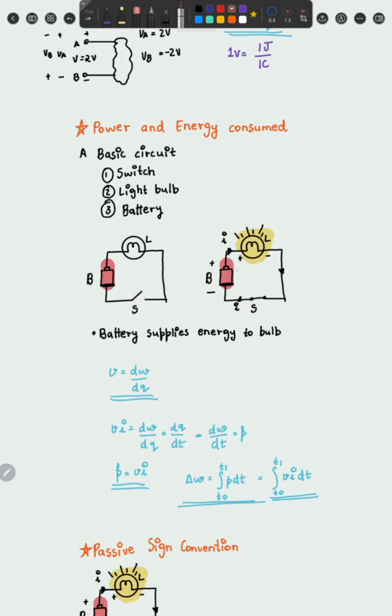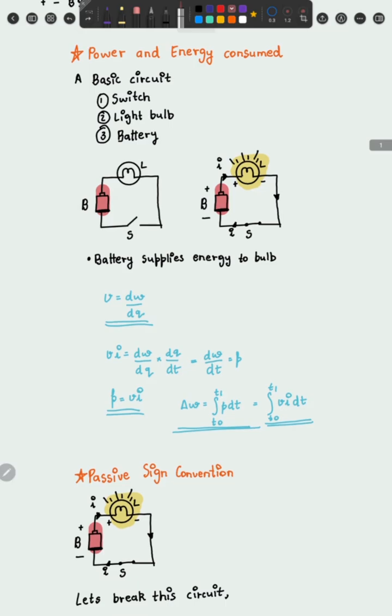The chemical energy in the battery is converted to light by the bulb. Now, if this is the positive terminal of the battery and this is the negative, the battery will push the charge from its positive to negative end because it's a positive charge. Okay, this is something we need to know.